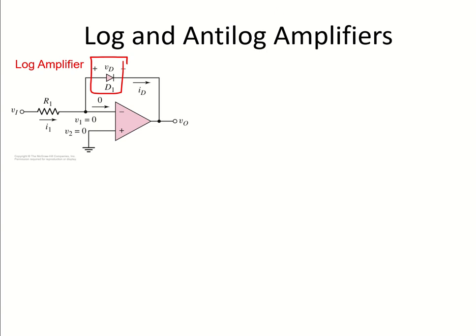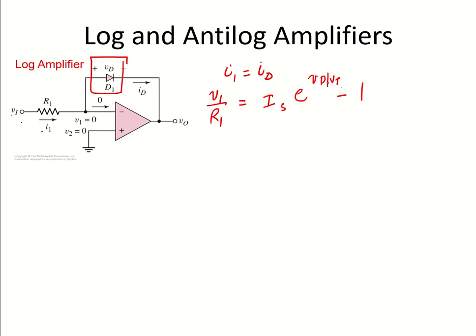We know that in this case I1 is equal to I2, which is ID here. I1 is V1 divided by R1, and for ID, we know from the basics of diodes that the diode current is IS exponential of Vd over N VT, or simply we can put VT, minus 1.